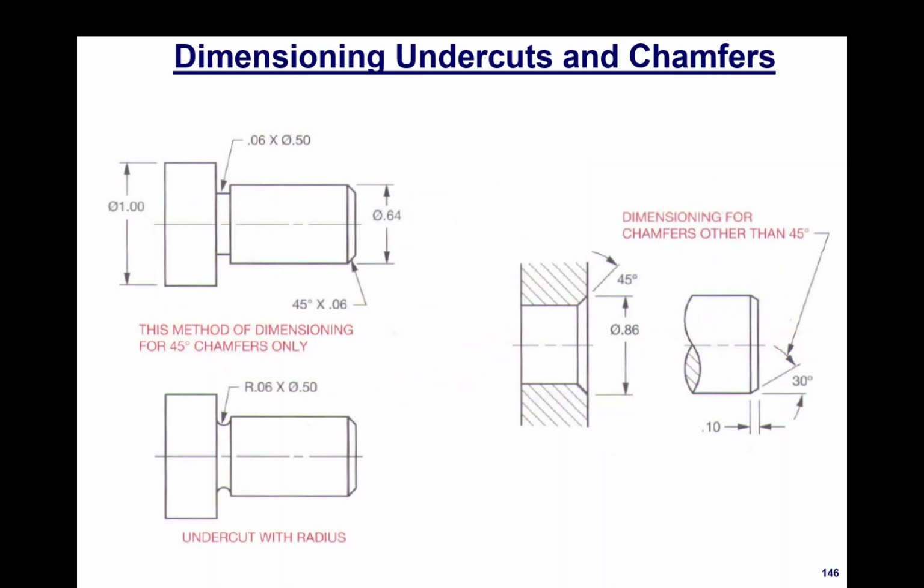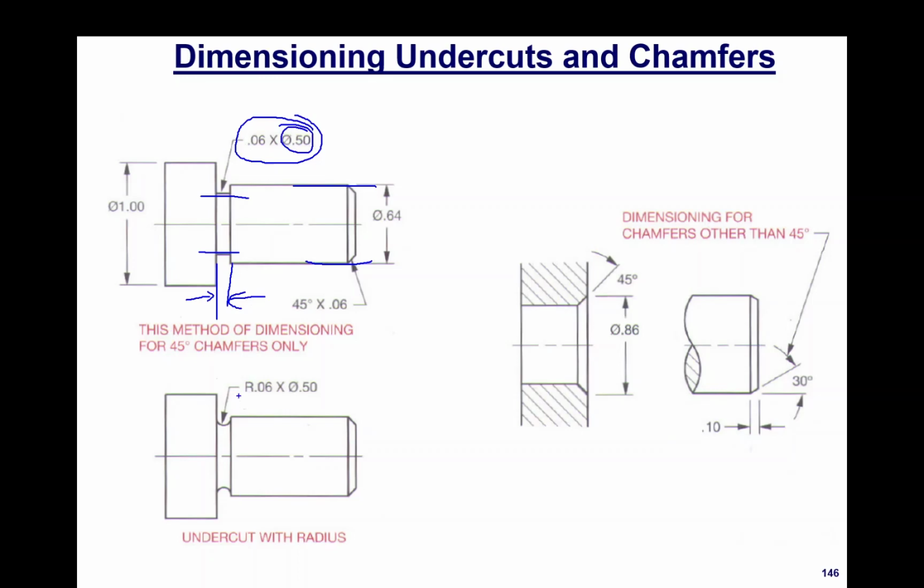So here's how we dimension undercuts and chamfers. What's shown here in the first little figure, this 0.6 by a diameter of 1/2, is saying this overall diameter here is 0.64. The diameter of the undercut is 0.5 inches, and it's 0.6 inches in width. So we use a parting tool that's 0.6 inches when we turn this down, or we neck this down.